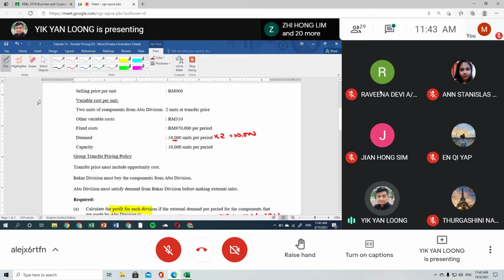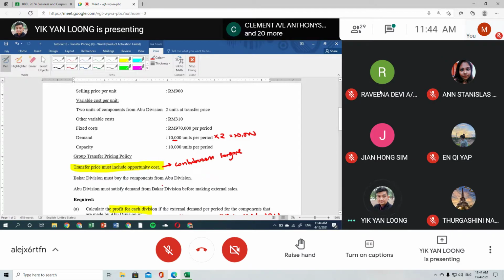Now, this is important. Group transfer pricing policy must include opportunity costs. Now, if there is a need for the ABU to sacrifice external sales, you have to include the contributions forgone. This refers to the contributions forgone.